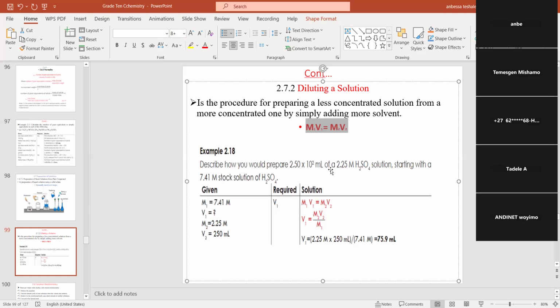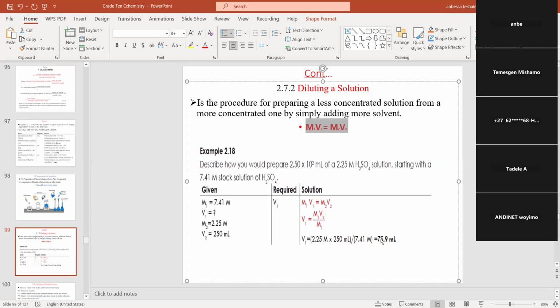is 250 milliliter. M2 is 2.25. So what we calculate is V1. So V1 is equal to M2 times V2 over M1. We have M2 is 2.25 molar times 250 ml divided by molarity 7.41.